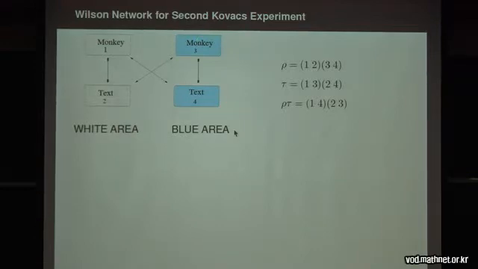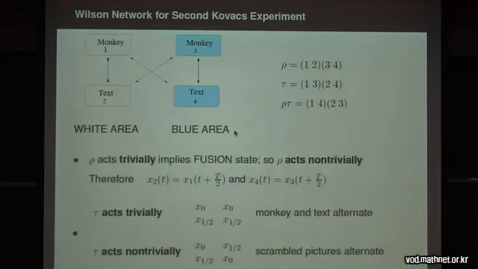So this is our network. This network has Z2 plus Z2 symmetry. It has 4 symmetries. And we can ask, well, what are the possible periodic solutions that we would see that are non-fusion? And basically, there are solutions where monkey and text alternate, and ones where the scrambled images alternate.